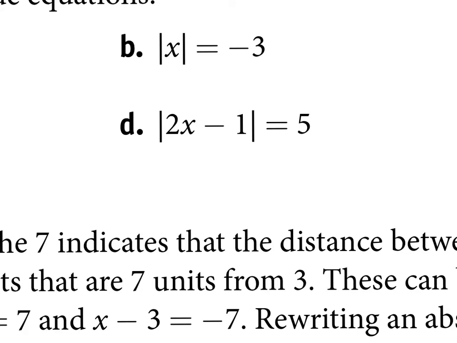So there is nothing that is going to be negative 3 units away from x. Distance is not measured in negative numbers, so this is no solution. Can't have an absolute value equaling a negative number. Okay? So, now we're going to move over to do C.